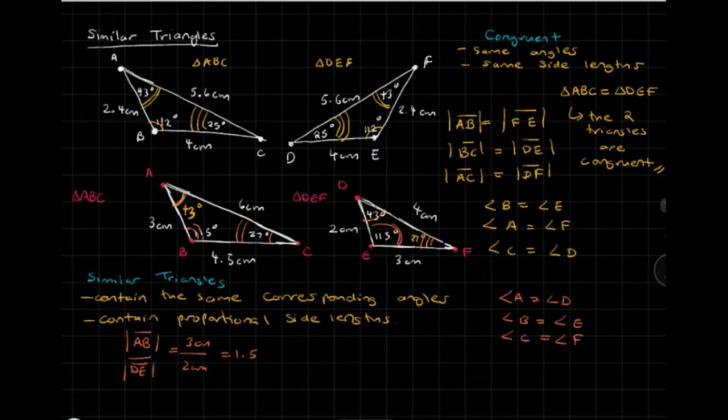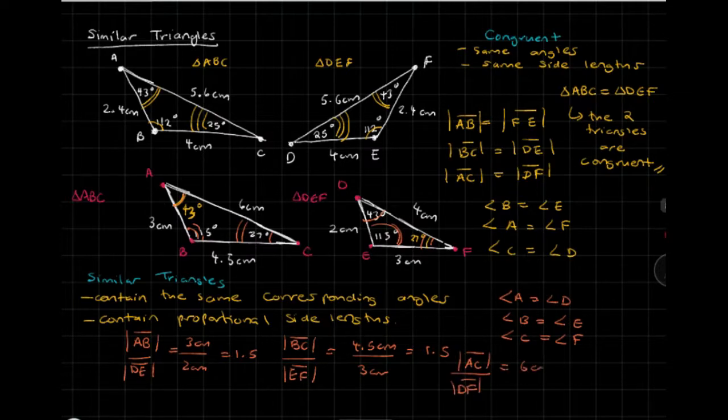Do the same thing with the other set of corresponding sides, BC, and divide this by side length EF. You're going to get 4.5 centimeters divided by 3 centimeters, and that gives you 1.5. So BC is 1.5 times as big as EF. We're going to do the same thing with the last set, AC over side length DF.